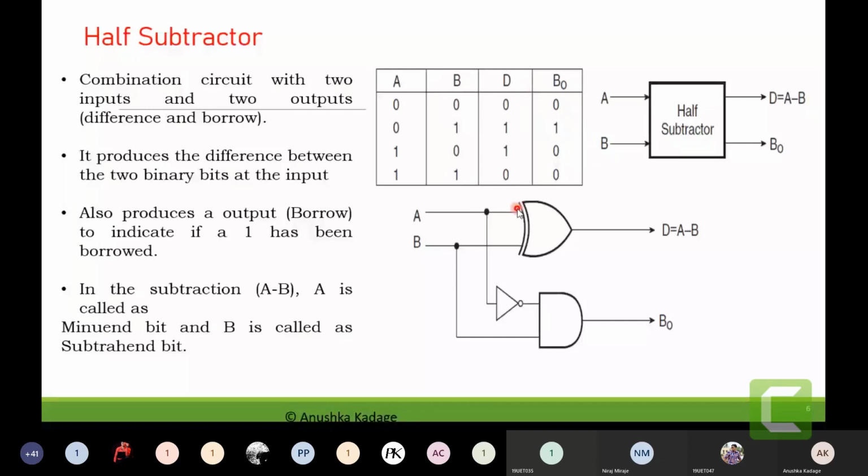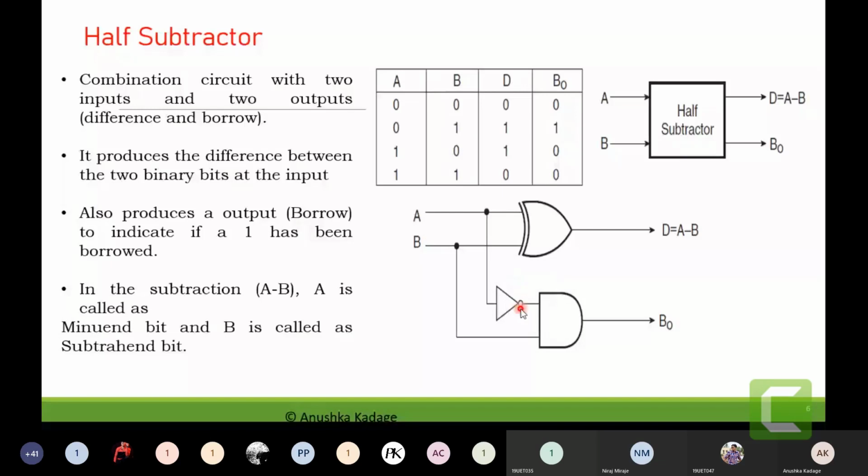Now we will go for the next output variable, which is B0. This B0 is simply 1 for the combination of 0, 1. And we are going to find this when the AND gate's A input is complemented.